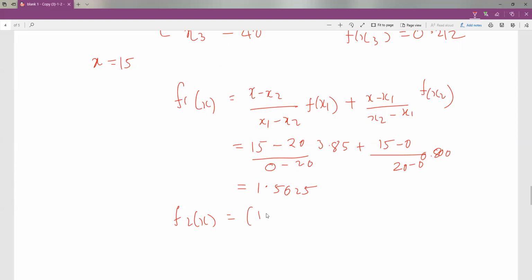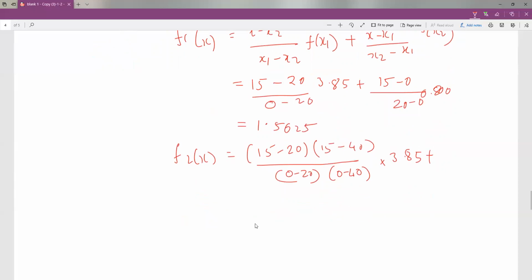So I am writing the direct values: x minus x2, x minus x3 divided by x1 minus x2, x1 minus x3. So 15 minus 20, 15 minus 40 over 0 minus 20, 0 minus 40, multiplied by 3.85.